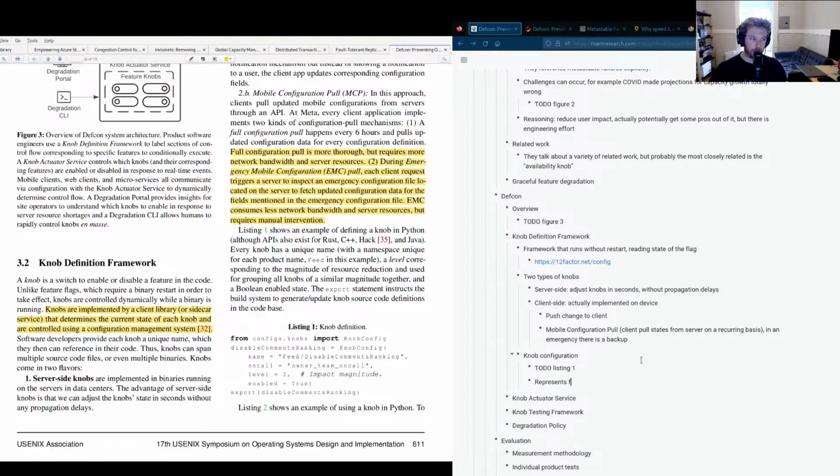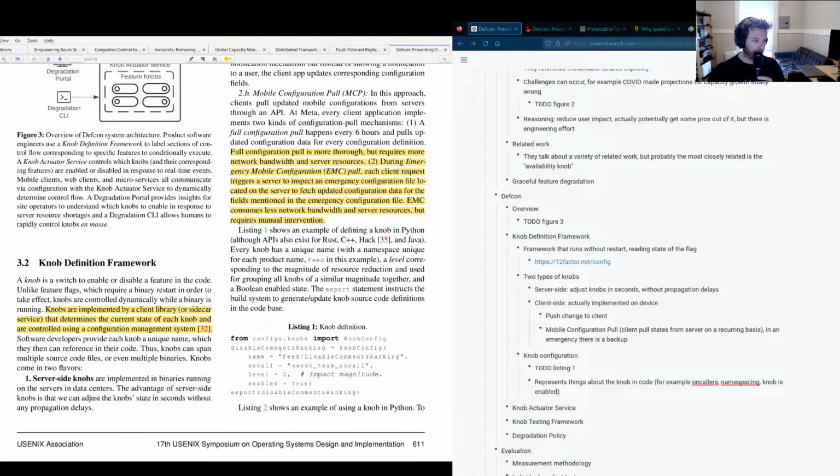It represents things about the knob in code. For example, the on-call team, there's some namespacing, whether the knob is enabled.